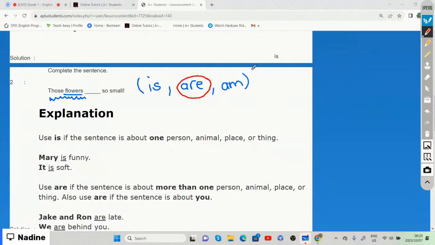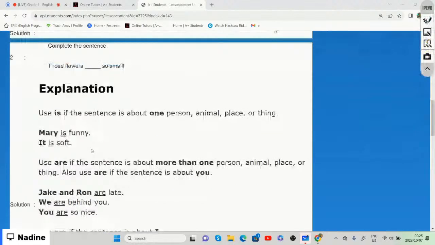So those flowers are so small, because it refers to more than one flower. So we use are, not am, because we use am with I, and we use is if we're referring to one person. So are is correct.